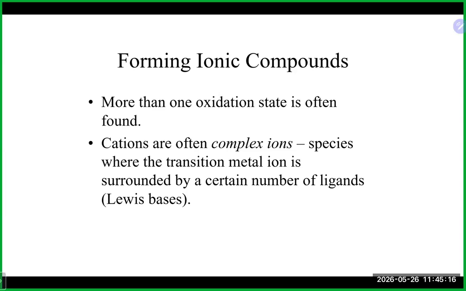In normal naming, those are typically the ones where we use Roman numerals, like copper 1, copper 2, iron 3, iron 4, or iron 2, and so forth. Now, cations of these ions are typically found as the metal in a complex ion.